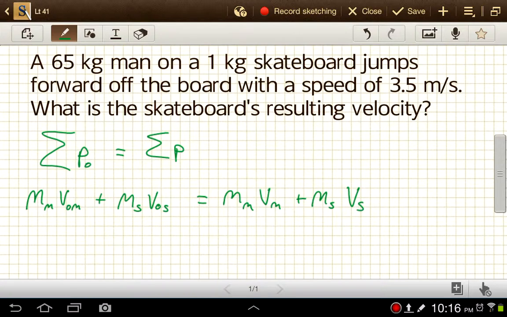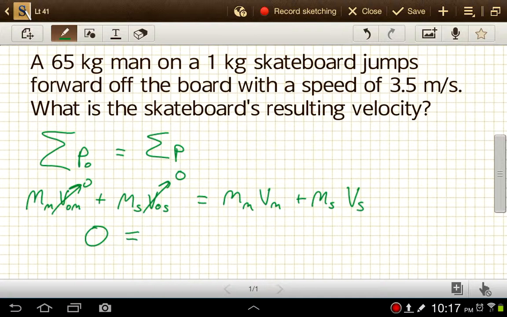I guess I didn't specify that, but we'll say that he's standing at rest on that skateboard to begin with. So this is 0, and this is 0. So our total momentum for this system is 0 initially, and that means it's got to be 0 for the total in the final state.